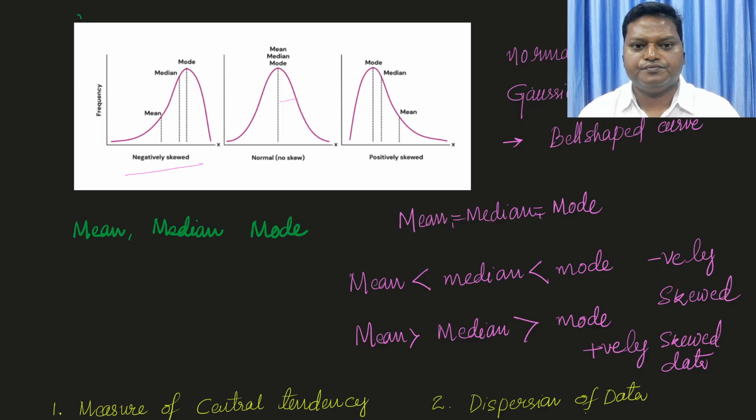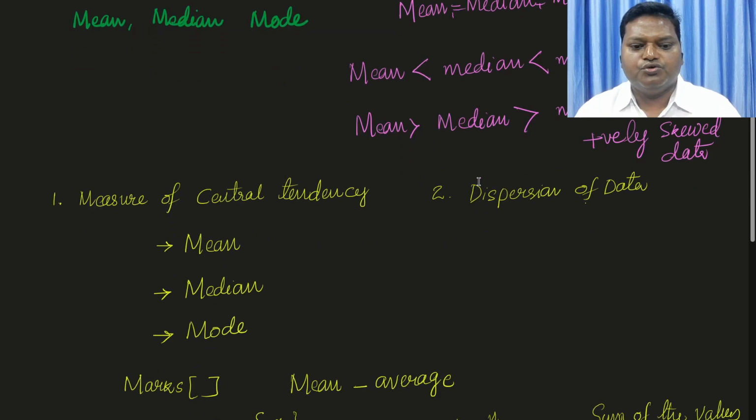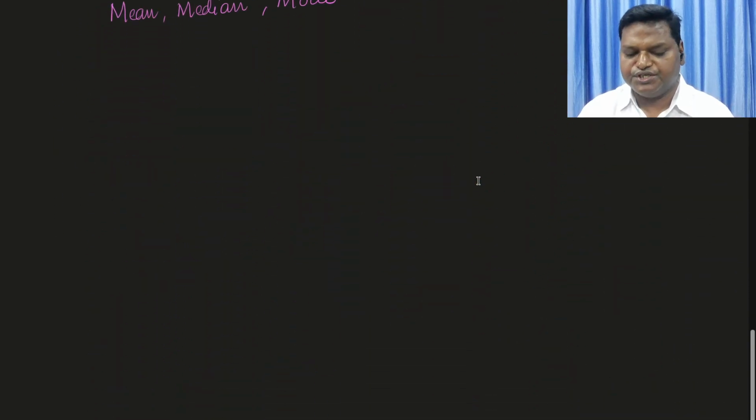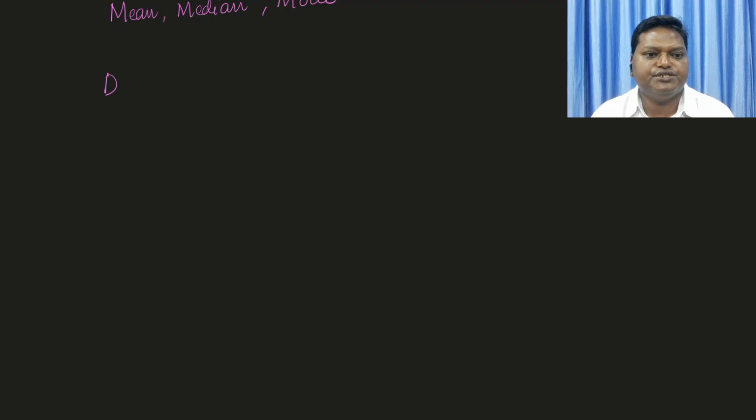Then going further, we'll talk about dispersion of data: how the data is dispersed or distributed. Firstly, we'll see range.